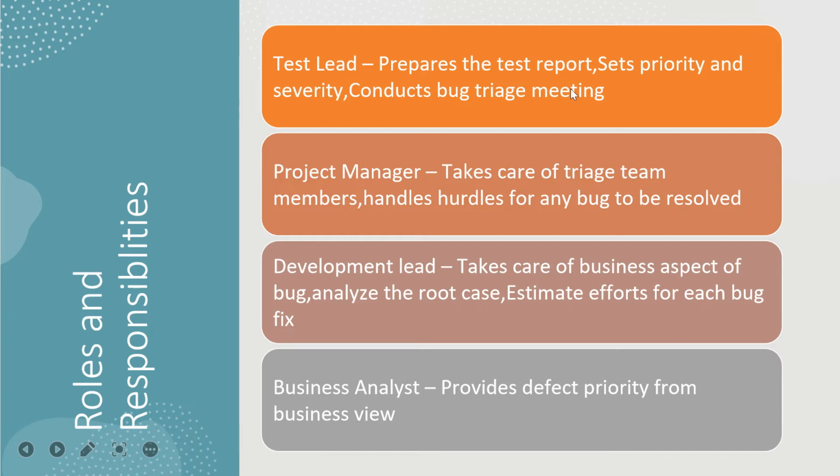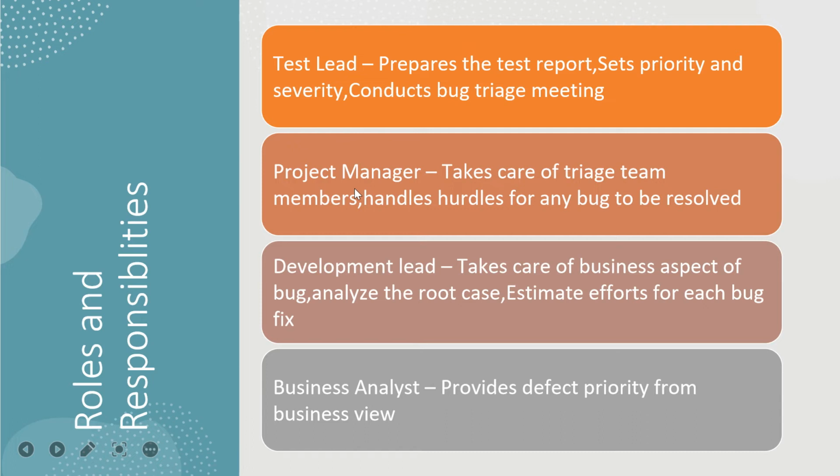Bug report means how many bugs are raised, how many are critical, how many are high, how many are low. That type of report he will create. Sometimes he will also set the priority initially, and he will conduct the bug triage meeting and showcase this report to the other people.